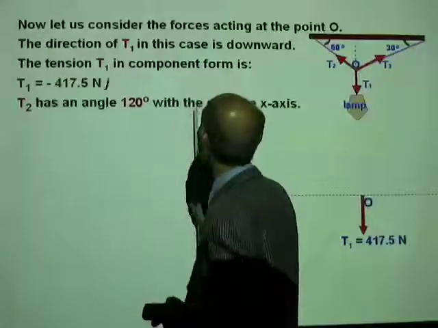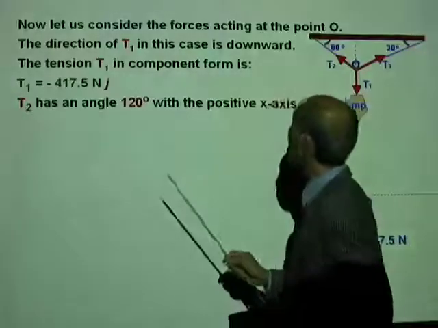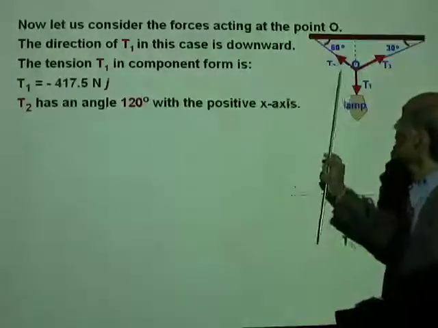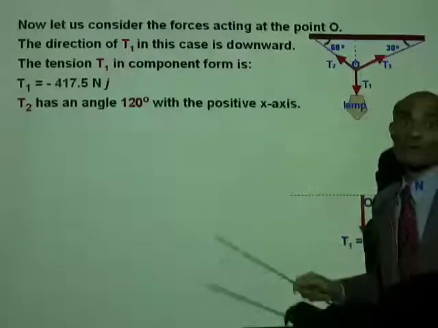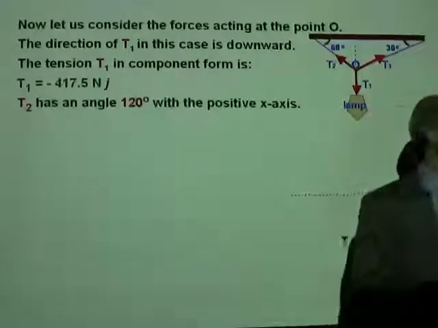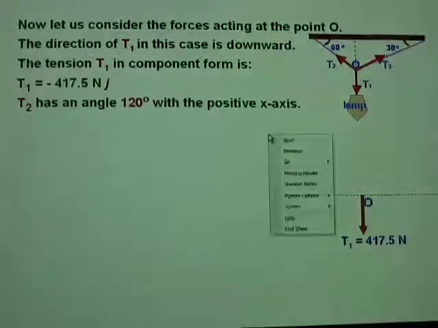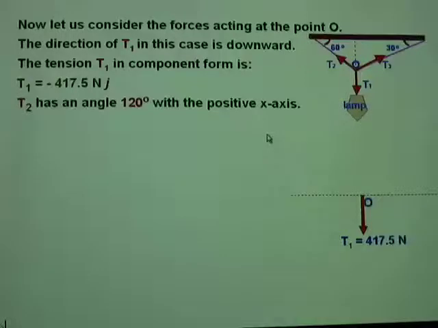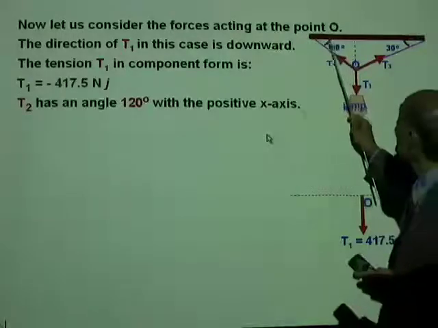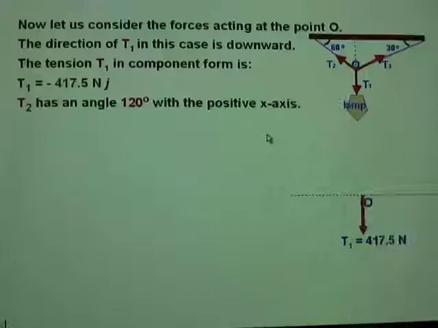T2 makes an angle of 120 degrees with the x-axis. How do I know that? Well, this is T2. Let me see if I can show that to you. Well, this is the x-axis. We are told that this angle is 60 degrees.